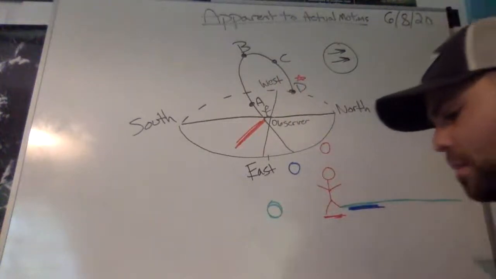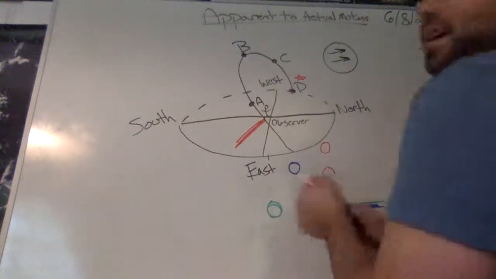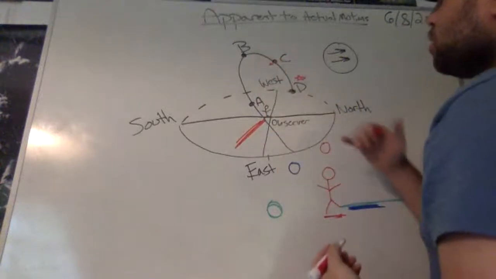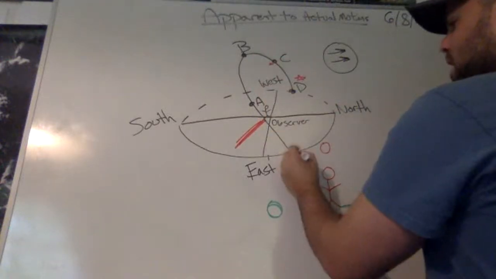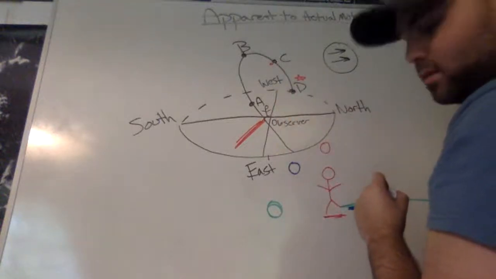What is the approximate time of day when the sun is at location C? Location C is what we're looking at right here. We know that the sun rises in the east and sets in the west.